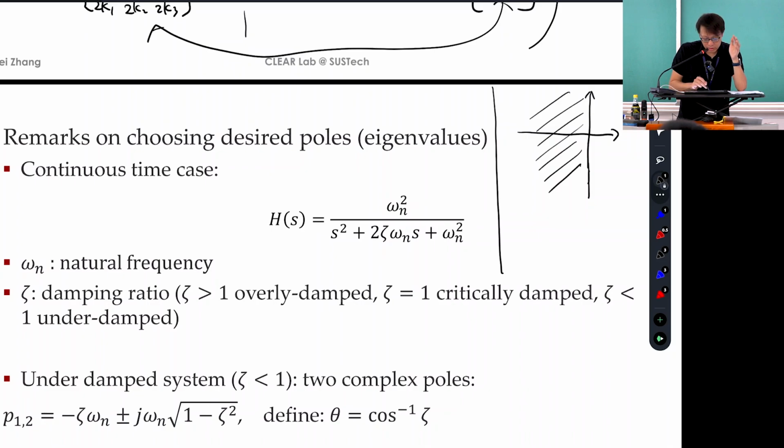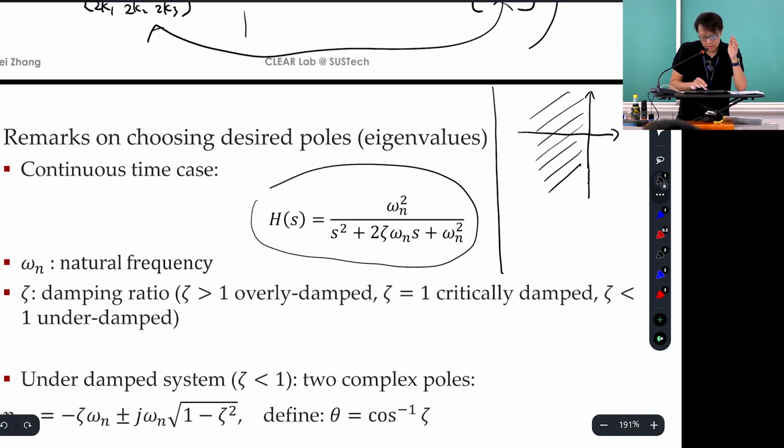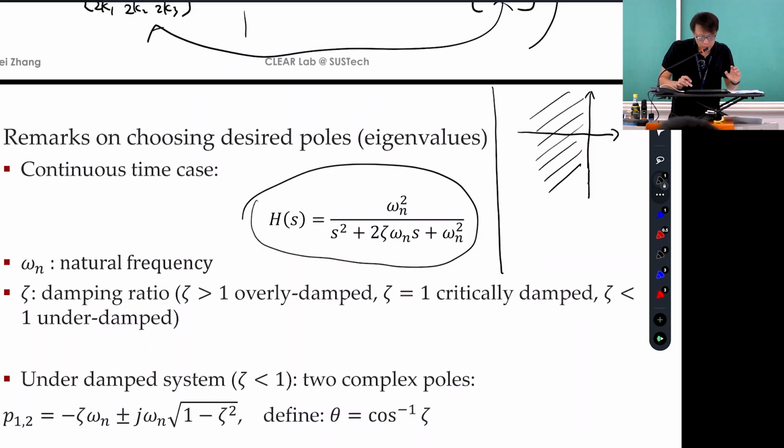Do you remember second order system? No matter what textbook you use, they will start talking about system performance, transient behaviors in terms of second order system, of this form.